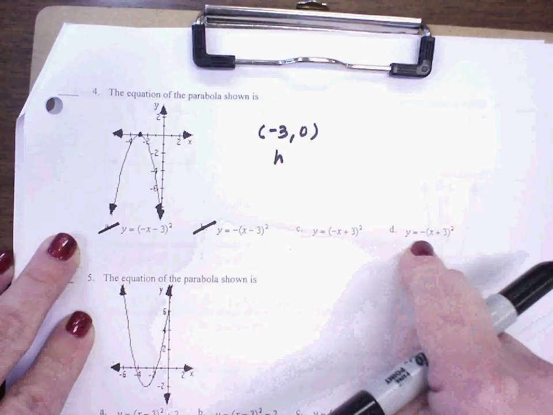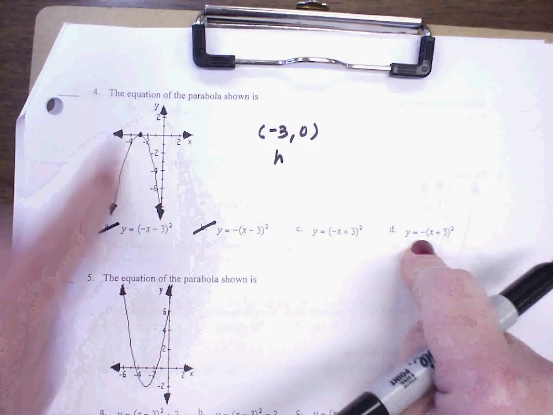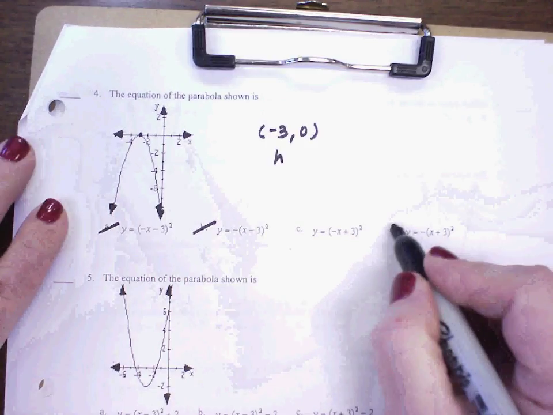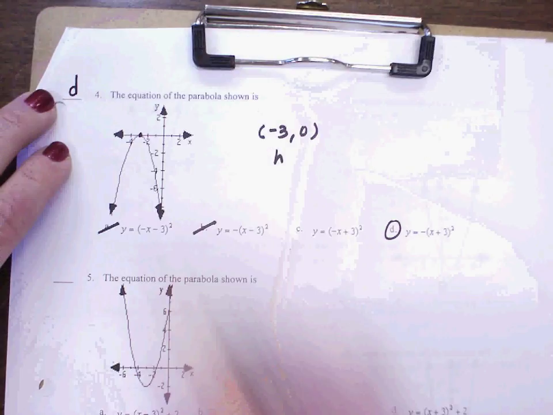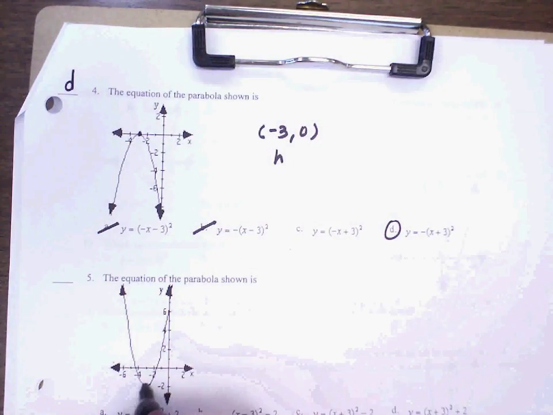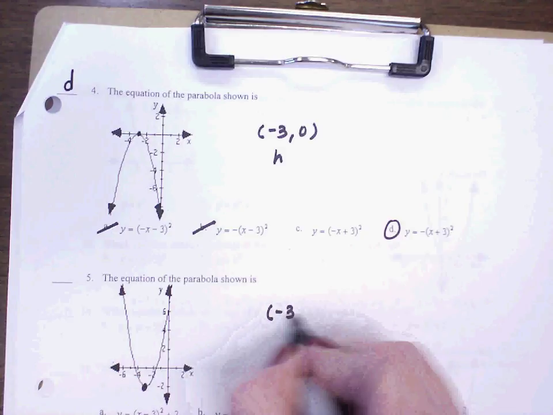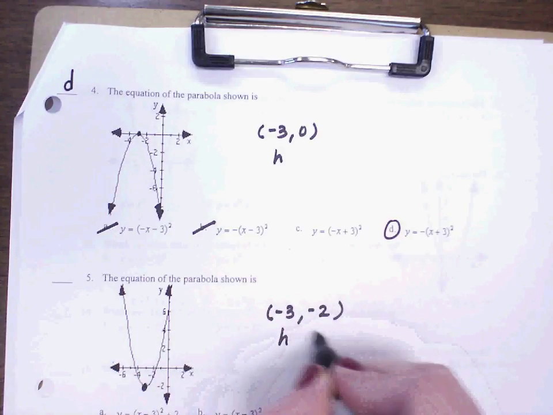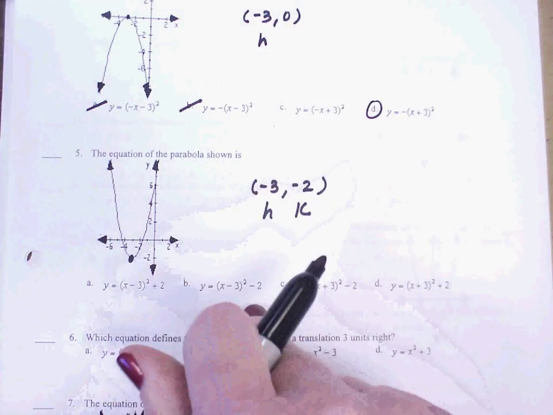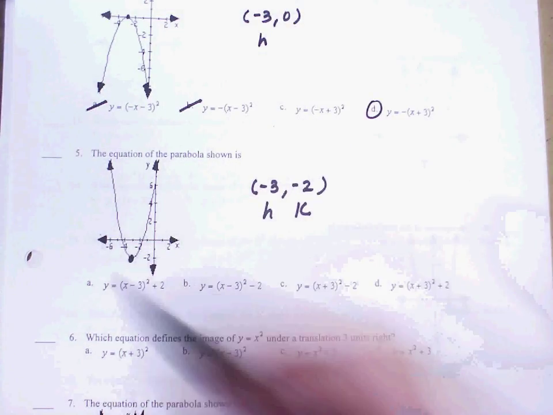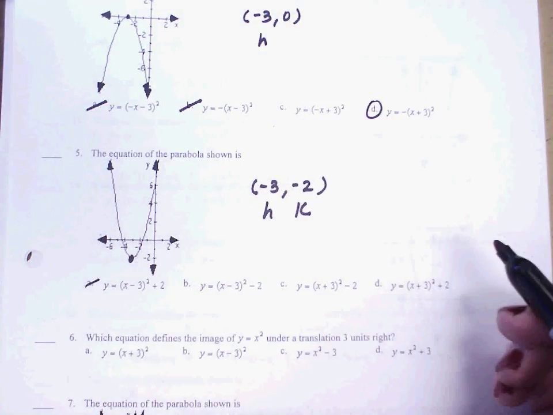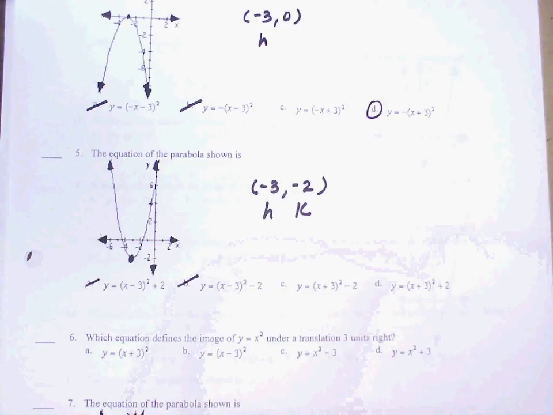So the correct answer would be D. Negative 3 and negative 2. That's your H. That's your K. That H comes in as what? Plus 3. So no A and no B. It's C because you got to have a K of minus 2. Very good.